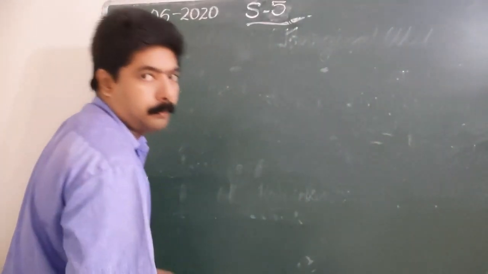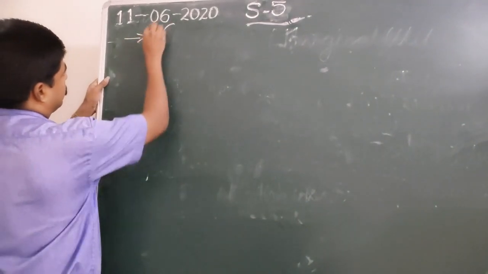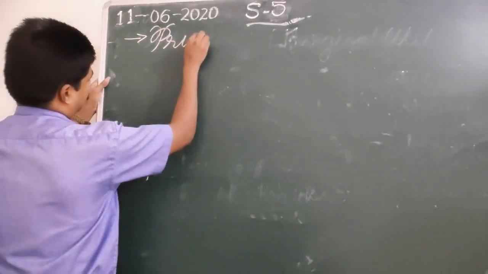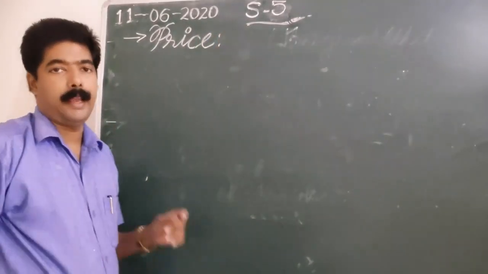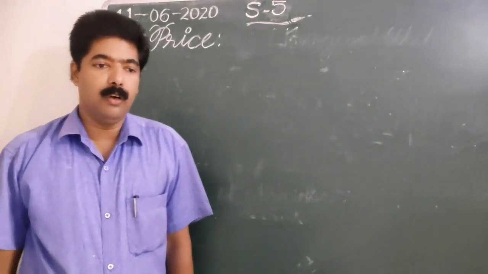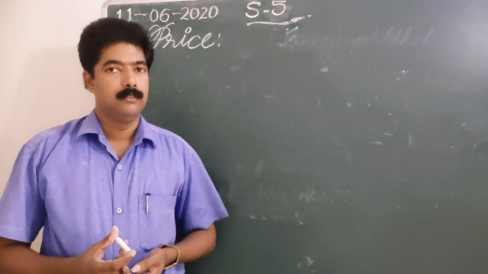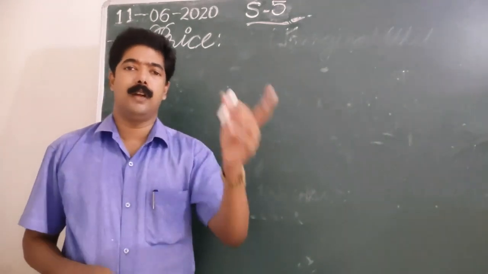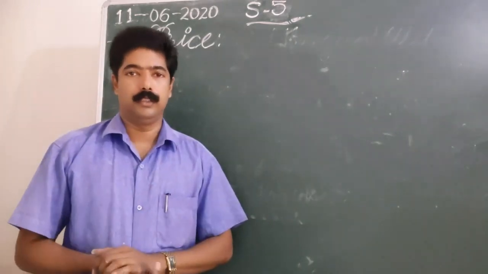Next is price. You will write price. What is meant by price? We all know that. What is price, anybody? To purchase one commodity, we are in need of some amount.